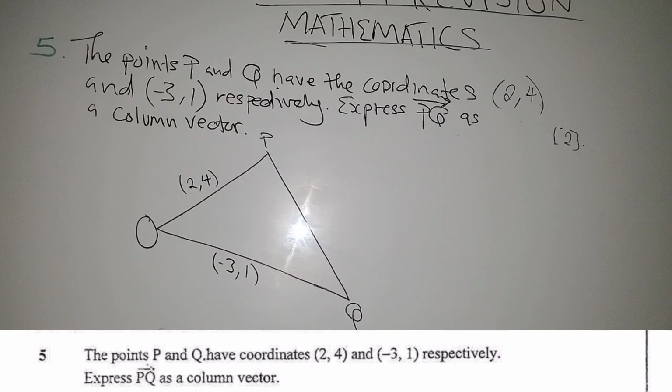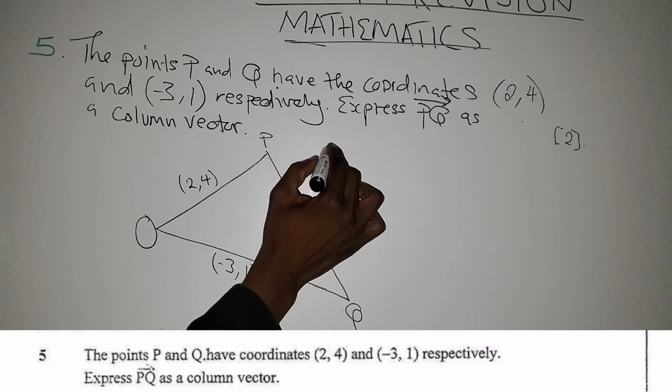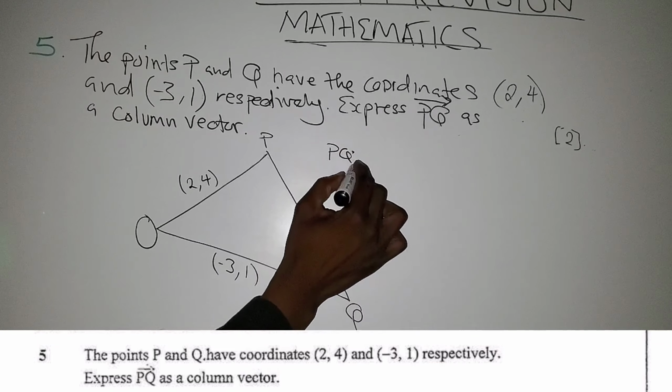Very simple. What we're going to do is say vector PQ is equal to, since P is the origin, we move PO plus OQ. Vector PO plus OQ.